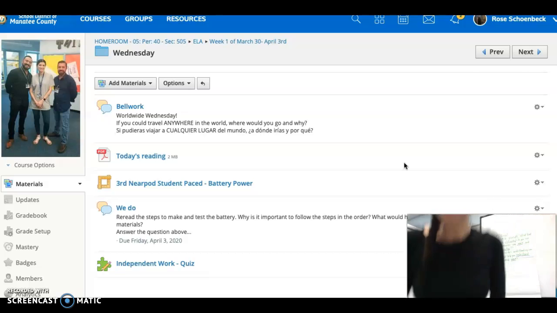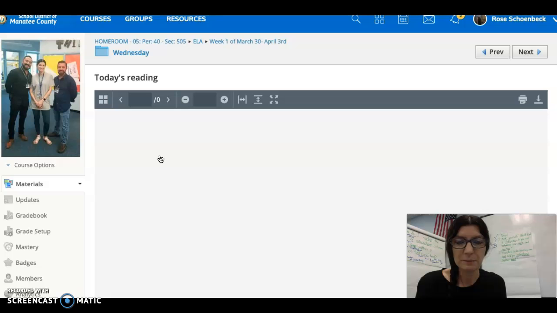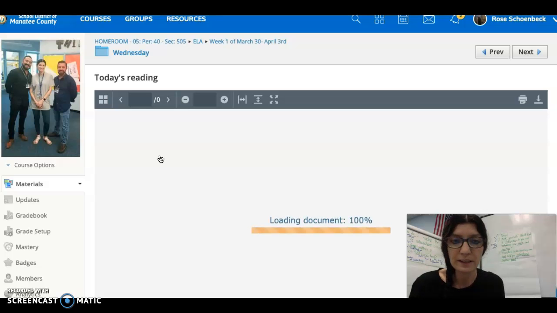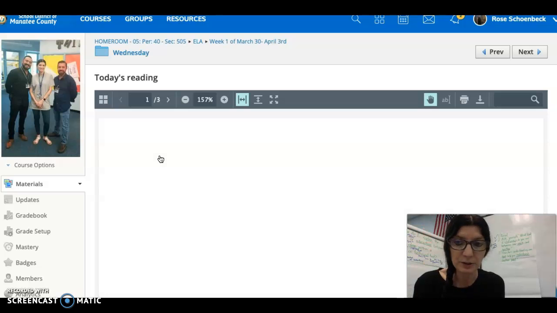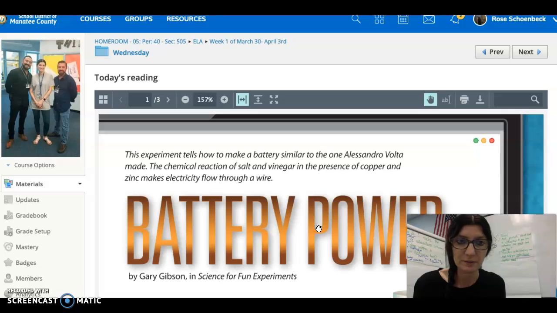Okay, so we're going to be looking at our text. So what I'm going to do is bring up today's reading, and then I'm just going to read through it, and then you're going to mark up the text on your own because it's doing better that way.